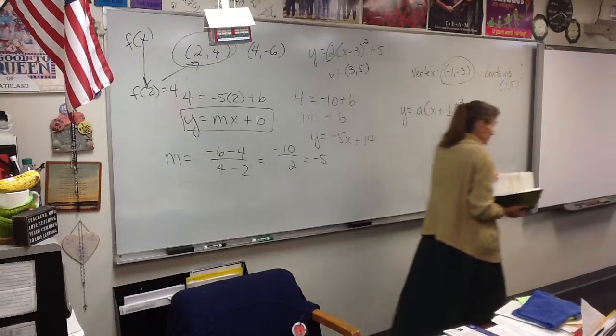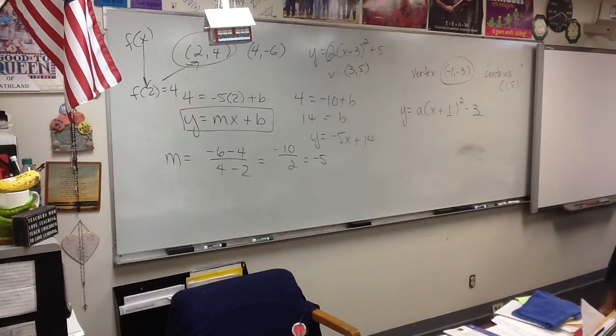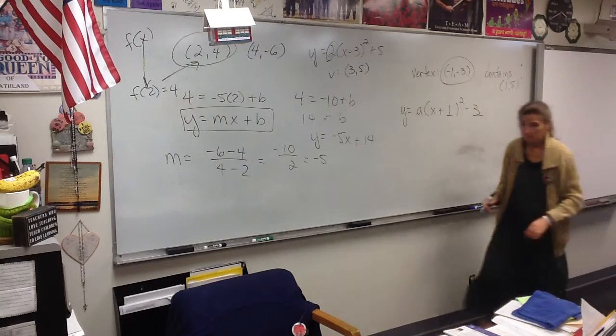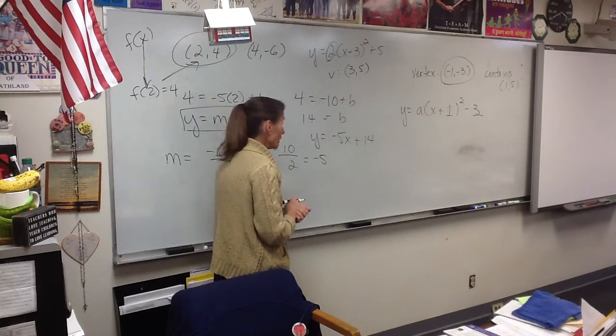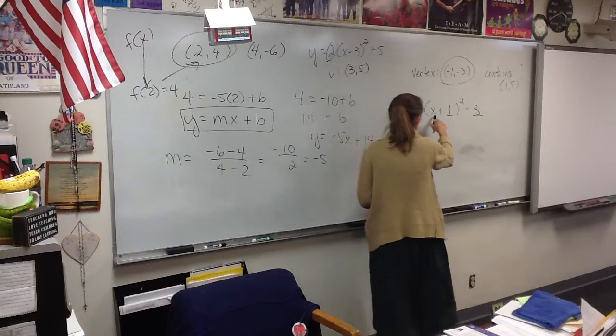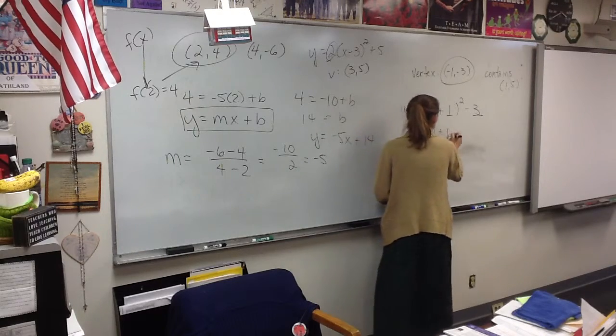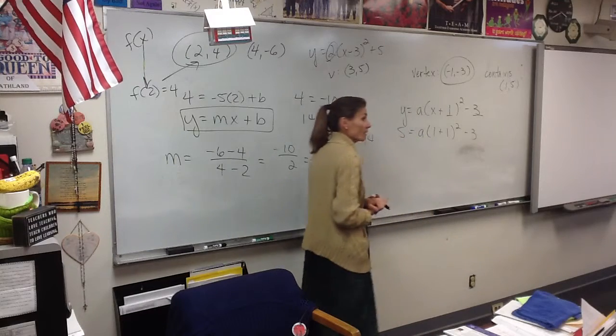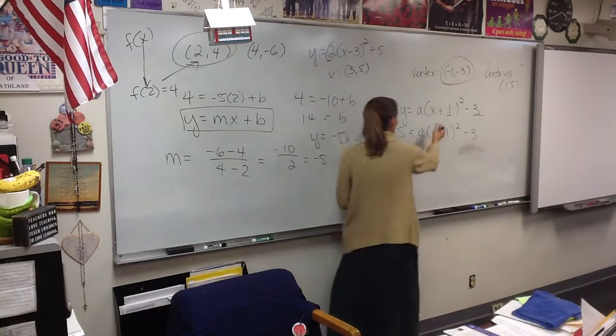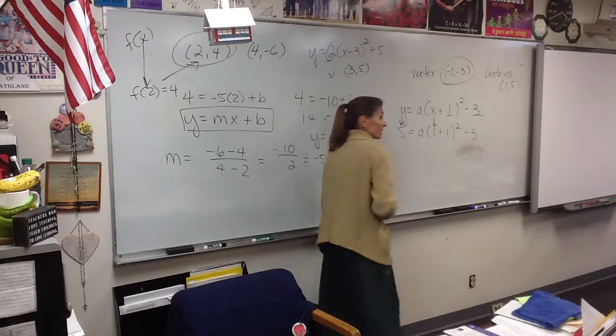Now, what does that mean? That means that if I put in 1 for x, I should get 5 out for y, right? If I put a 1 in for x, I get a 5 for y.